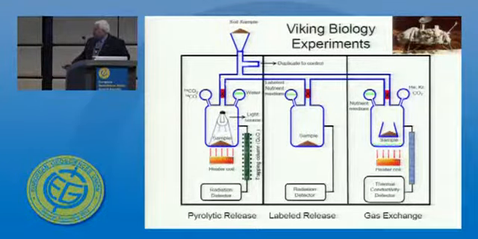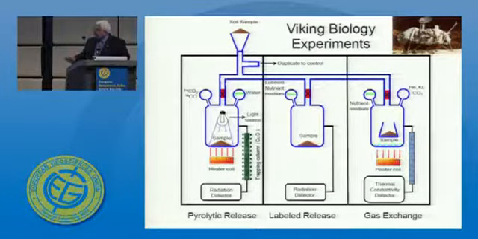The other experiment was the gas exchange experiment. The idea was to see, if there were organisms, what kind of gases could be exchanged with the environment. The soil was moistened, or wet with some water and nutrients, and the results were very interesting. There was rapid release of oxygen, and that is interesting because photosynthetic organisms can release oxygen to the environment.